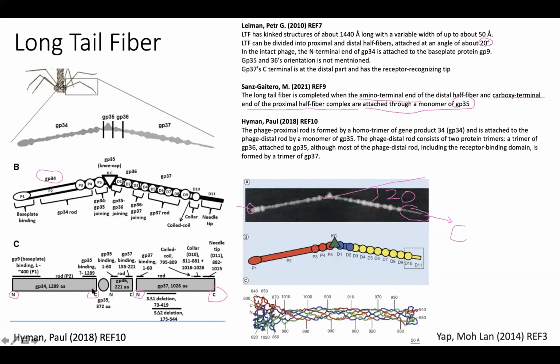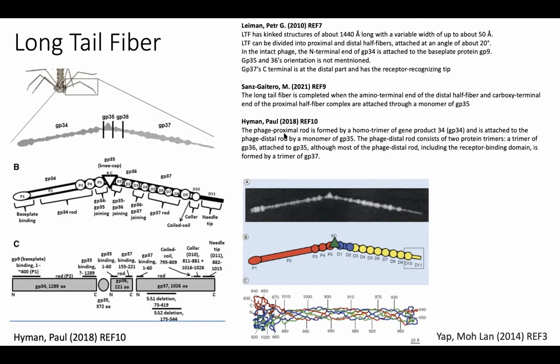So that means this side is C-terminal attached to here, and this side is amino terminal. So that confirms this N-terminal should be here. So the information is consistent between these several papers.